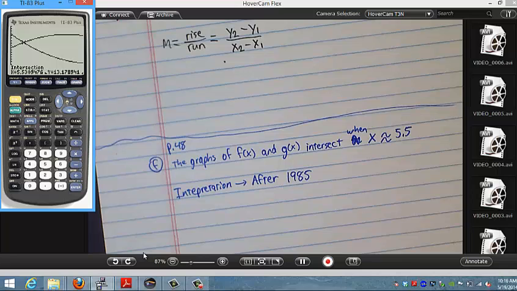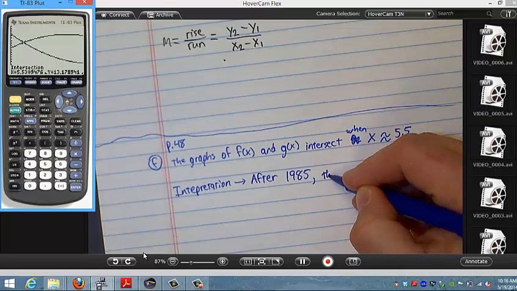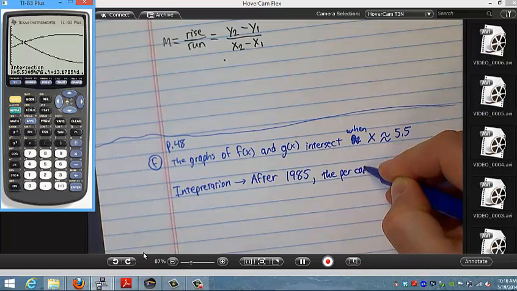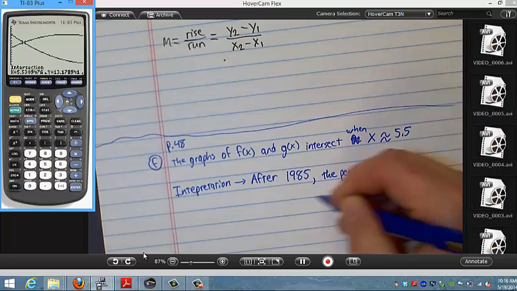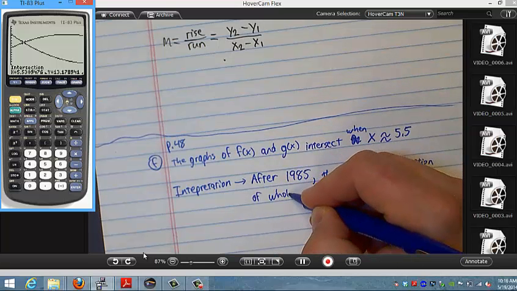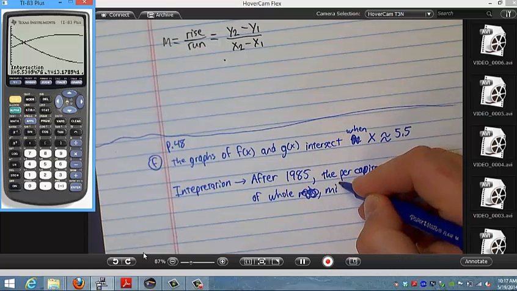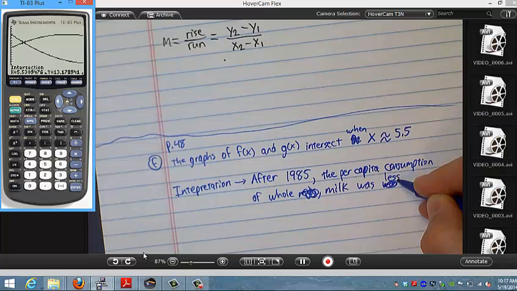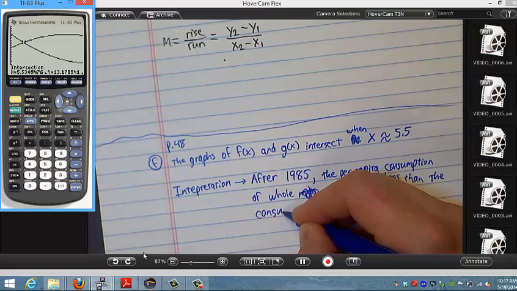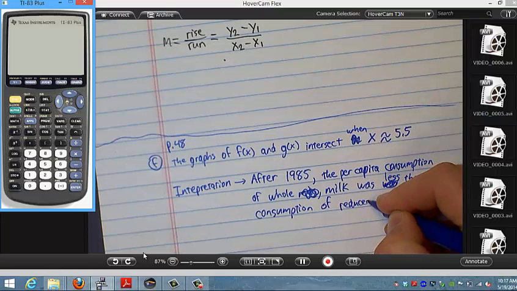So after 1985, the per capita consumption of whole milk was less than the consumption of other milk. Of reduced fat or skim.